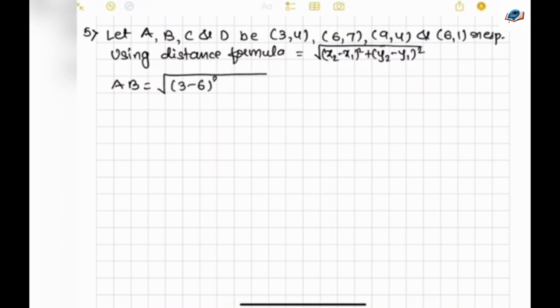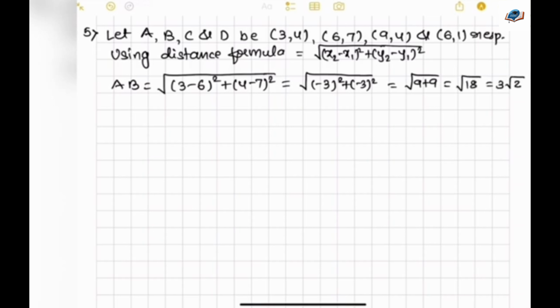So AB is 3 minus 6 whole square plus 4 minus 7 whole square. So that will come as minus 3 square plus minus 3 square. So 9 plus 9, so root 18. So 3 root 2. I have taken 9 outside as 3.